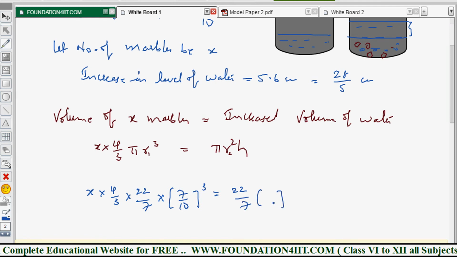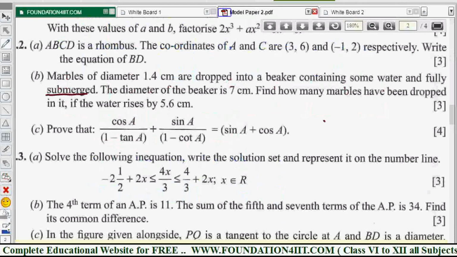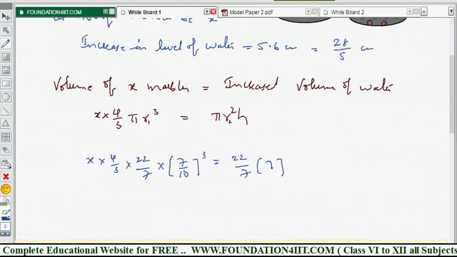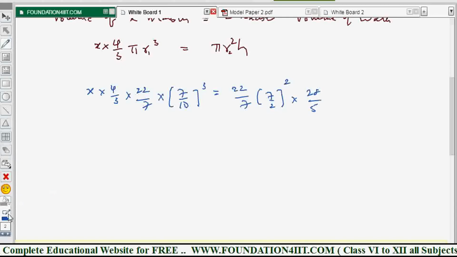Here the radius is 7 by 2. The diameter is 7 centimeters, so the radius is 7 by 2 square, and the height is 28 by 5. The height is how much the water level is raised. Using this you can find the value of x by cancelling common terms on both sides. 22 by 7 and 22 by 7 get cancelled.